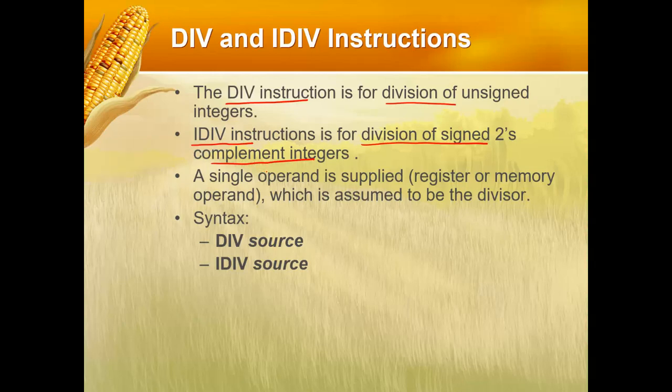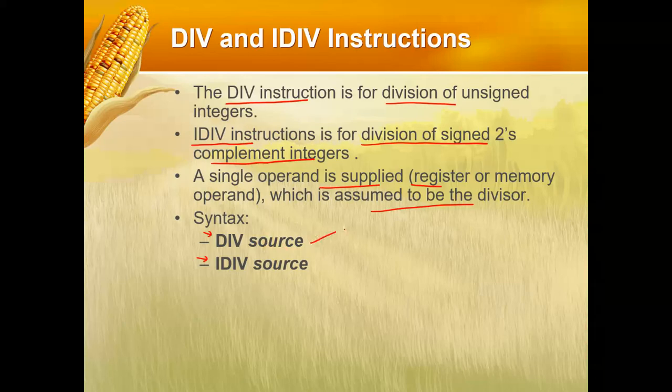When we have to do the two's complement integers, a single operand is supplied, either a source operand in a register or memory addressing mode. Normally this is used as the divisor. So the syntax for DIV and IDIV instructions uses one operand: the opcode is DIV or the opcode is IDIV, followed by the source operand.